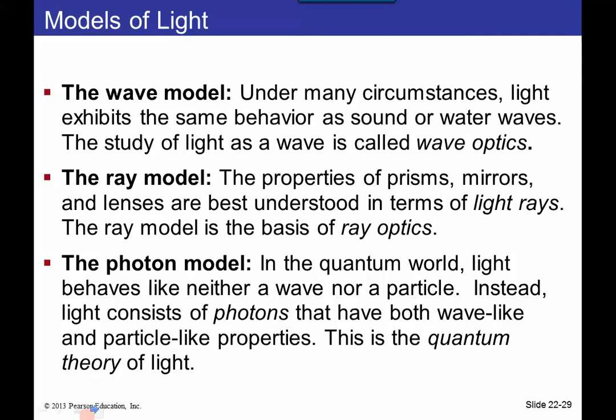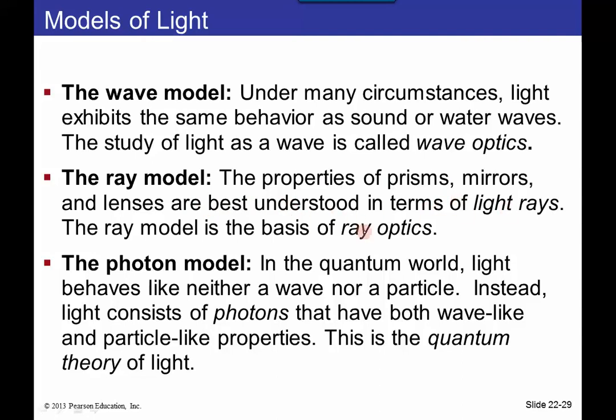So we have models of light. We have the wave model, and under many circumstances, light exhibits the same behavior as sound or water waves. So we use wave optics to study light when it behaves like a wave. Then we have a ray model, which applies when light behaves like particles in a way, traveling in a straight line.